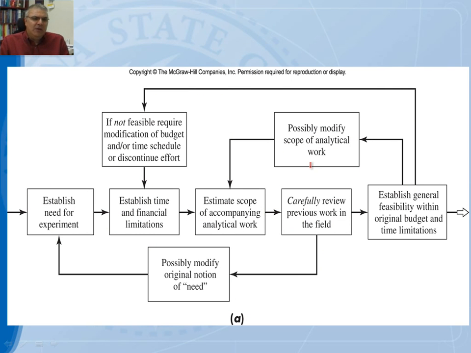So let's take a look at this. This is a diagram that would clarify some of the questions that I just discussed. First, we need to establish a need for the experiment. As I'm going through these, I'm going to put a red check mark by it to clarify that we already covered it. It is very well possible that the experiment we are trying to establish the need for has already been done.